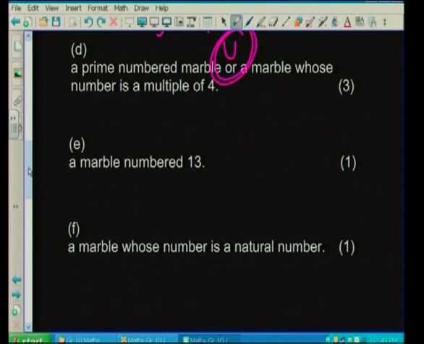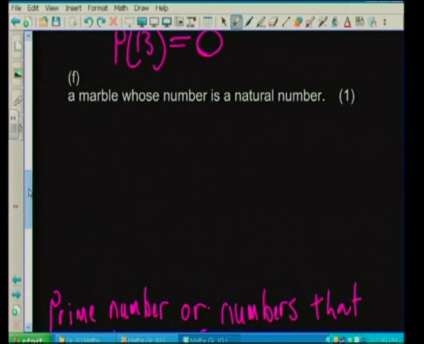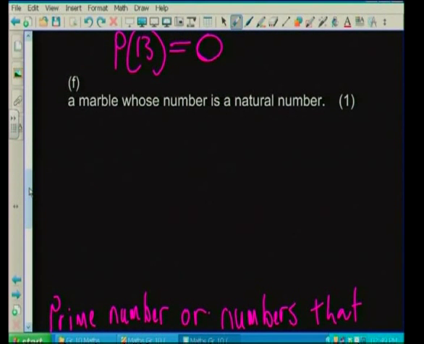So, the next question asks me, what is the probability of getting a marble number 13? Well, our marbles only go up to 12, so the probability of getting 13 is absolutely 0. It is impossible. Right. Next up, the question asks me, what is the probability of drawing a marble whose number is a natural number?